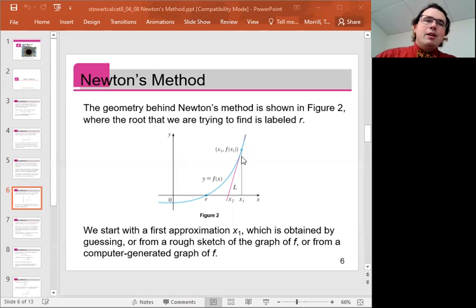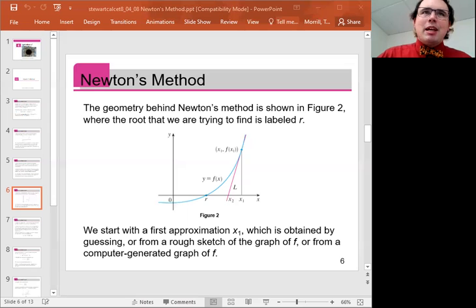I found the value of the function for that x coordinate. I found the tangent line using the derivative, and I followed that tangent line until it hit the x-axis again. And that got me closer to this root.